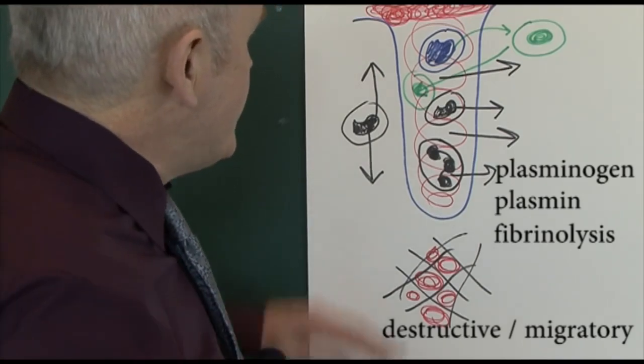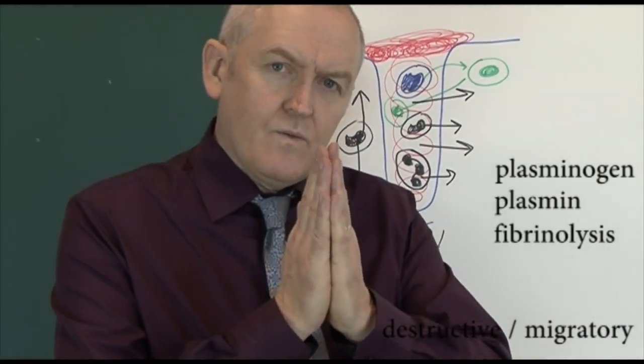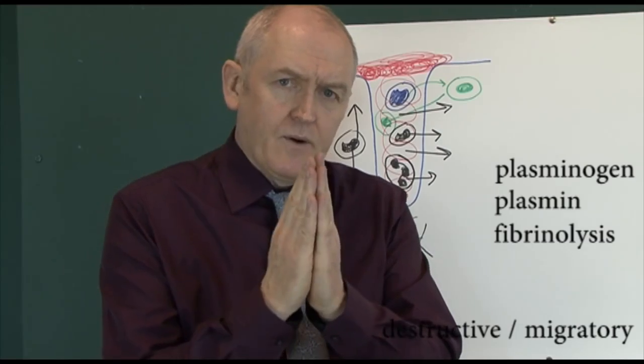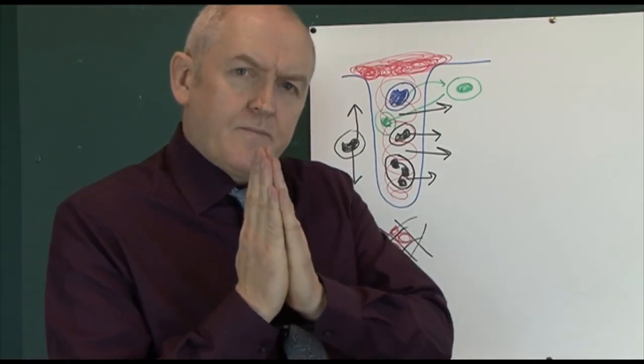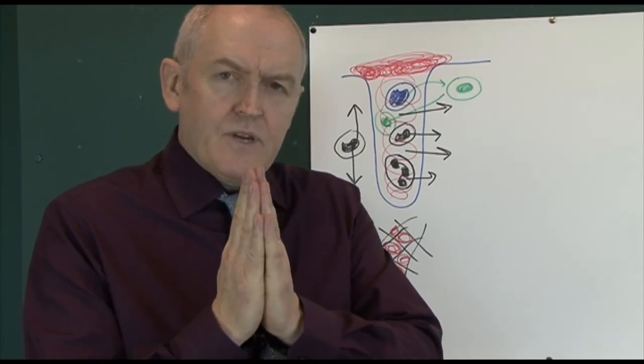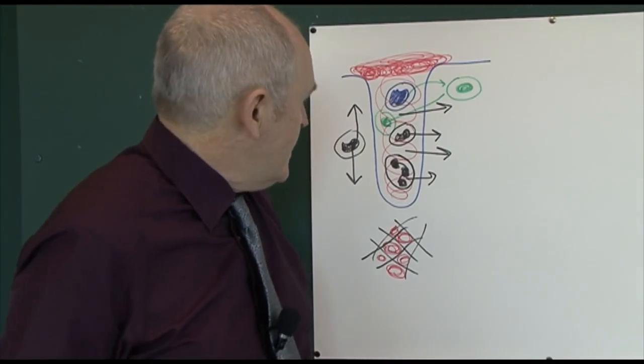Now also in this initial stage, if the gap between the wound edges is small anyway, then in this initial migratory stage, you can get the migration of new epithelial cells over the surface.